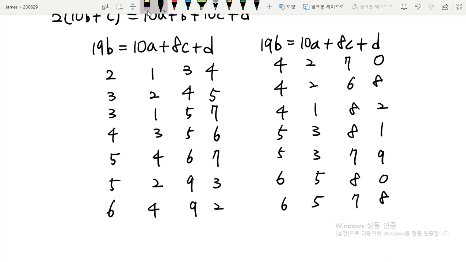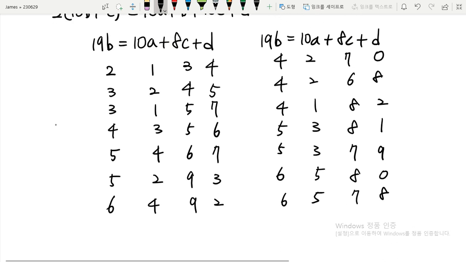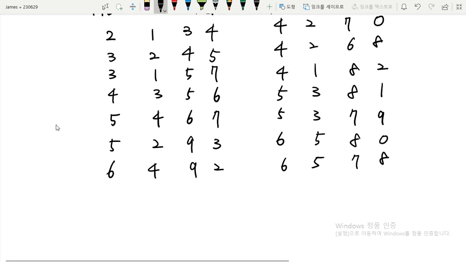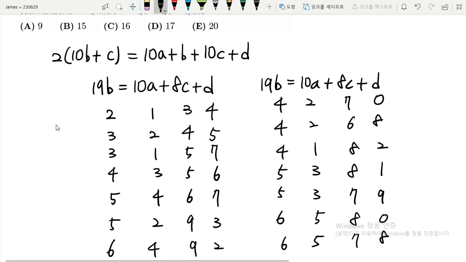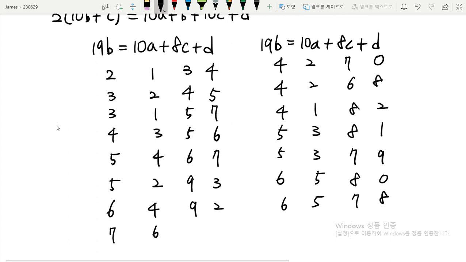And I don't think we can make 6 and 3 because that should be AC plus D is 84, but that's not possible. So that's enough for number 6 in B. So let's increase the value of B to 7 and A is 6. So what's the value of C and D?